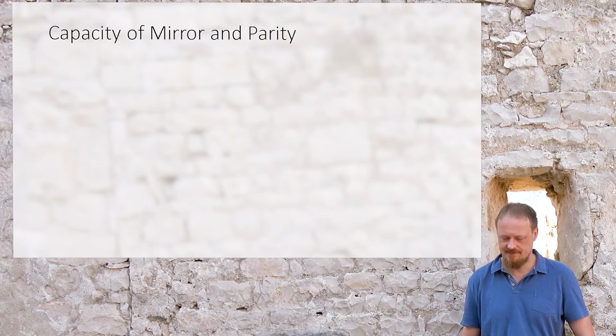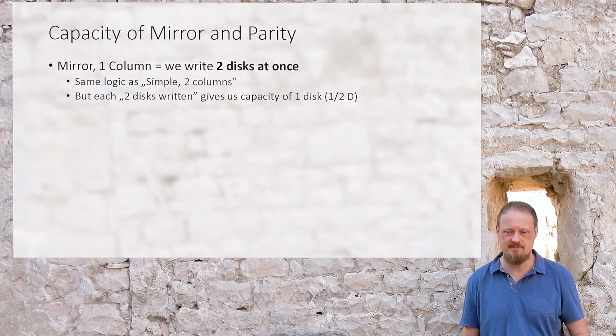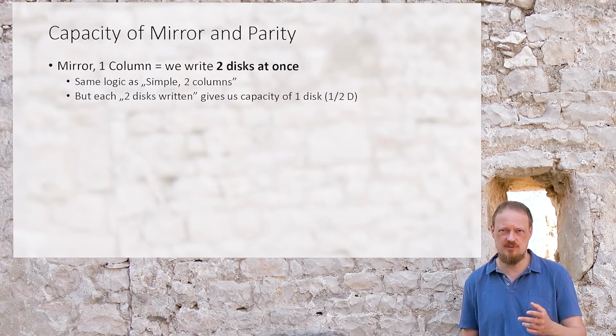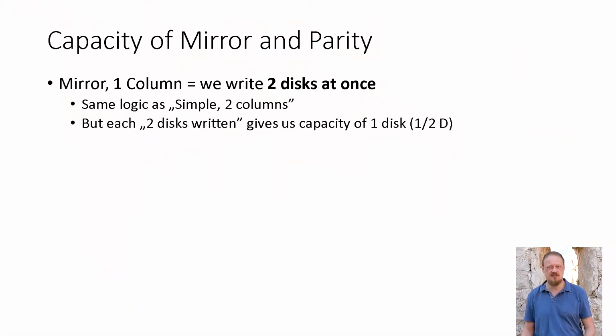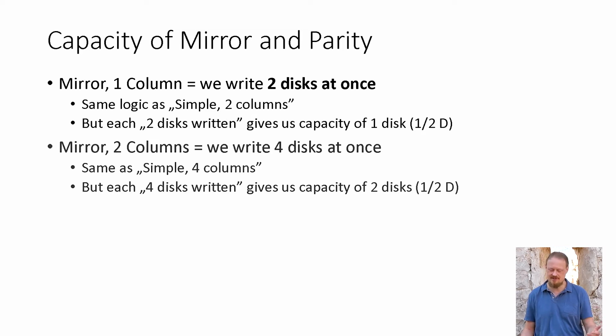All right. Let's see capacity for mirror and parity. In mirror, 1 column equals 2 disks in normal two-way mirroring. But the same logic is as 2 columns in simple. You write to 2 disks with one column. And the only thing is capacity is half, and we have redundancy.